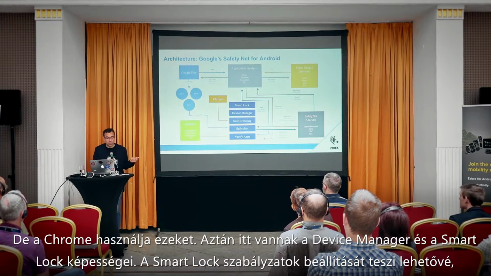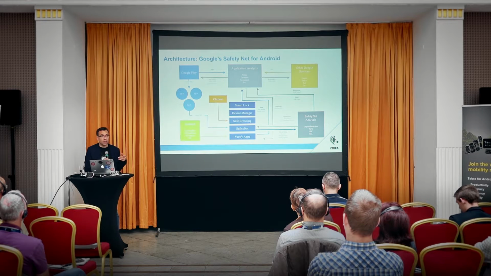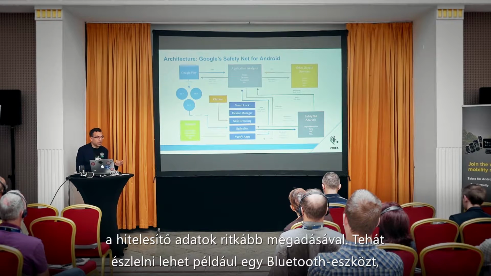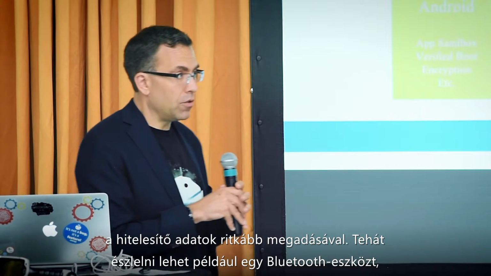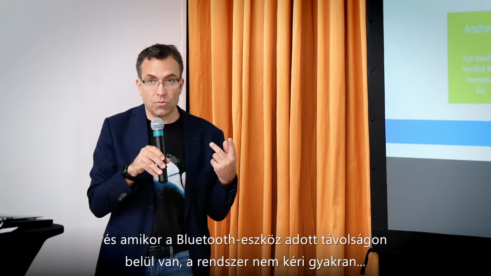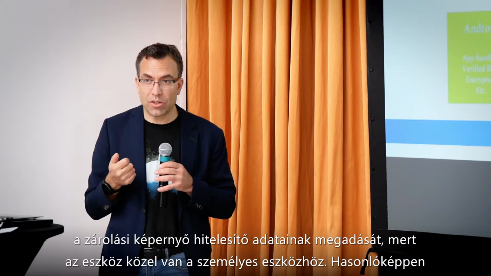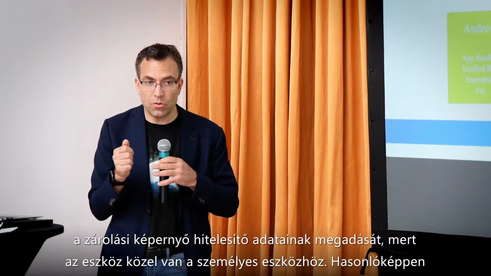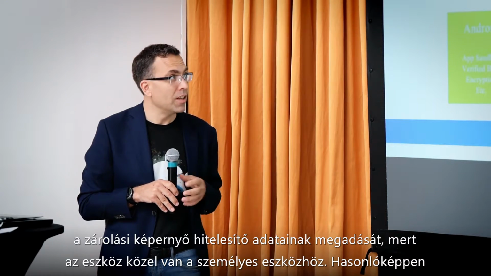Smart Lock allows you to set policies so that you can have a stronger lock screen credential, but ask for it less often. So you can do detection, say, with a Bluetooth device, and when that Bluetooth device is within range, then you won't be asked as frequently for your lock screen credential because you know that it's close to the person that the device belongs to.